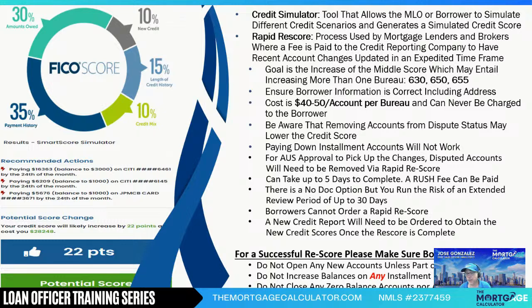But if the other accounts increase, then the utilization is going to stay the same, and the credit rescore will not work. I actually had one that was a little frustrating. The borrower forgot that she had a very small bill of like $30 a month or $50 a month on auto debit.